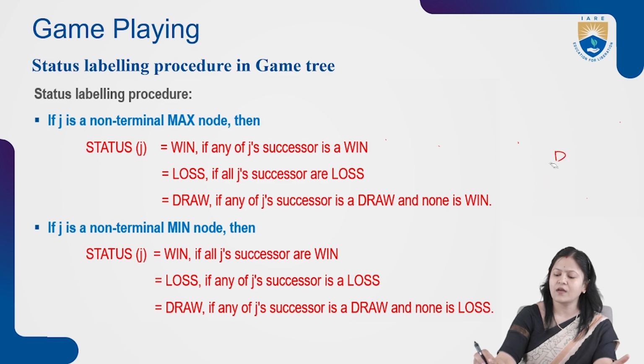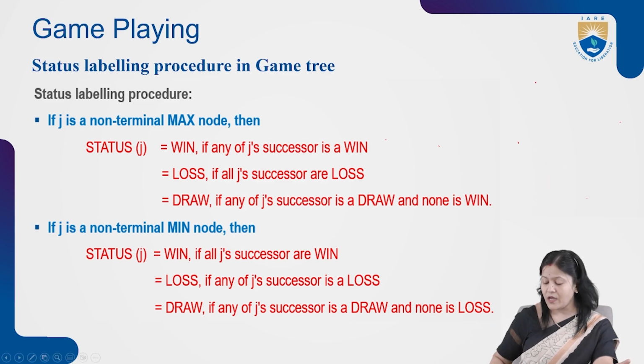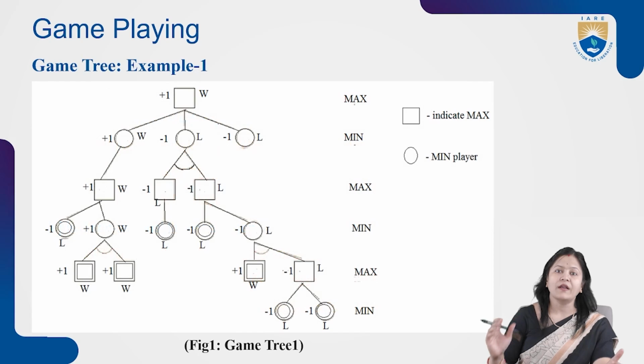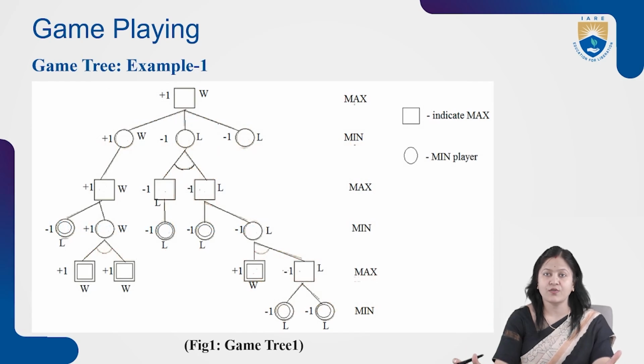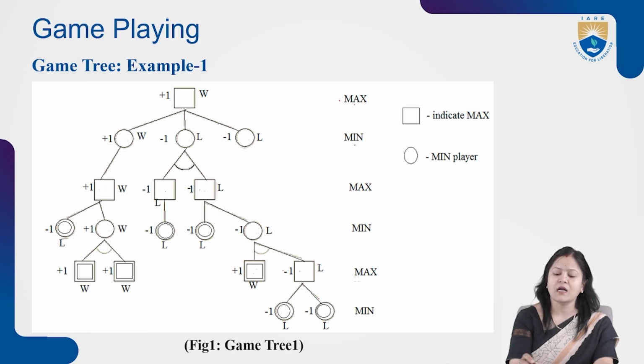Now I will show you one example where we can easily understand. The solution is already given in this tree. As it is a 2-player game, the max player starts the game, then alternately min, then max, then min, and so on. This is the 0th level, this is the first level, second level, third, fourth, and fifth.